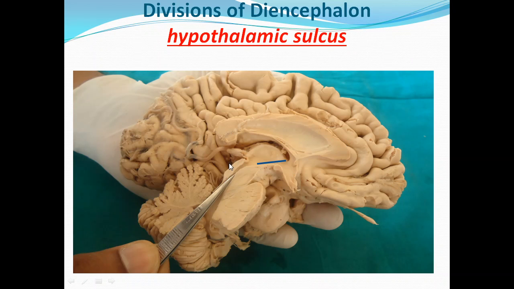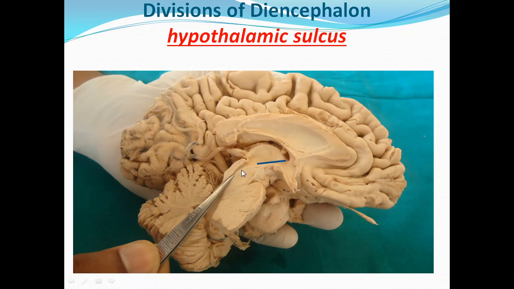Now, diencephalon consists of two subdivisions, pars ventralis and pars dorsalis. These subdivisions are demarcated by a transverse imaginary line, known as hypothalamic sulcus, extending from the interventricular foramen connecting lateral ventricle and third ventricle to the cranial end of cerebral aqueduct.